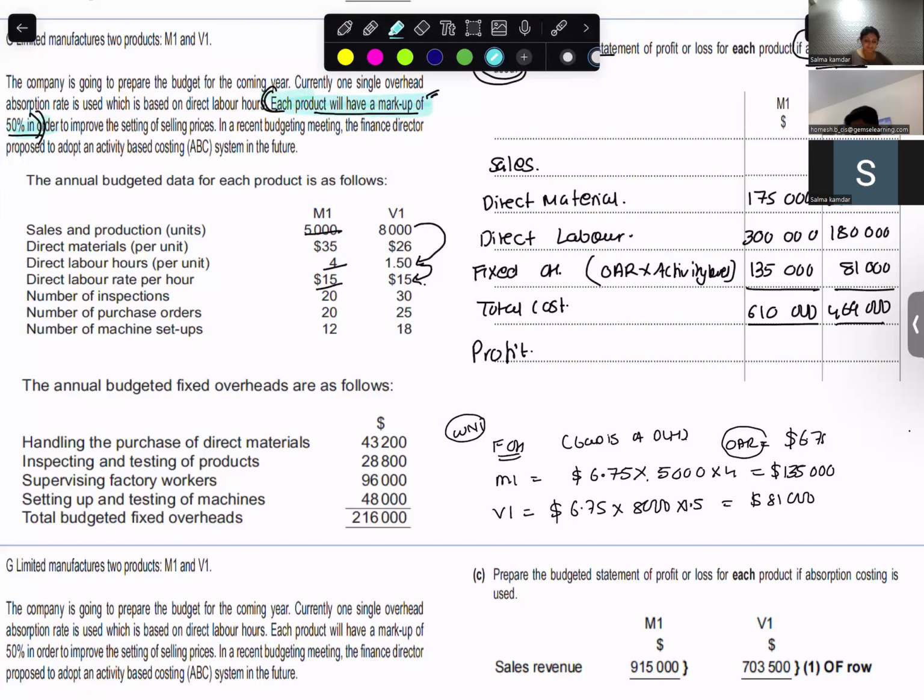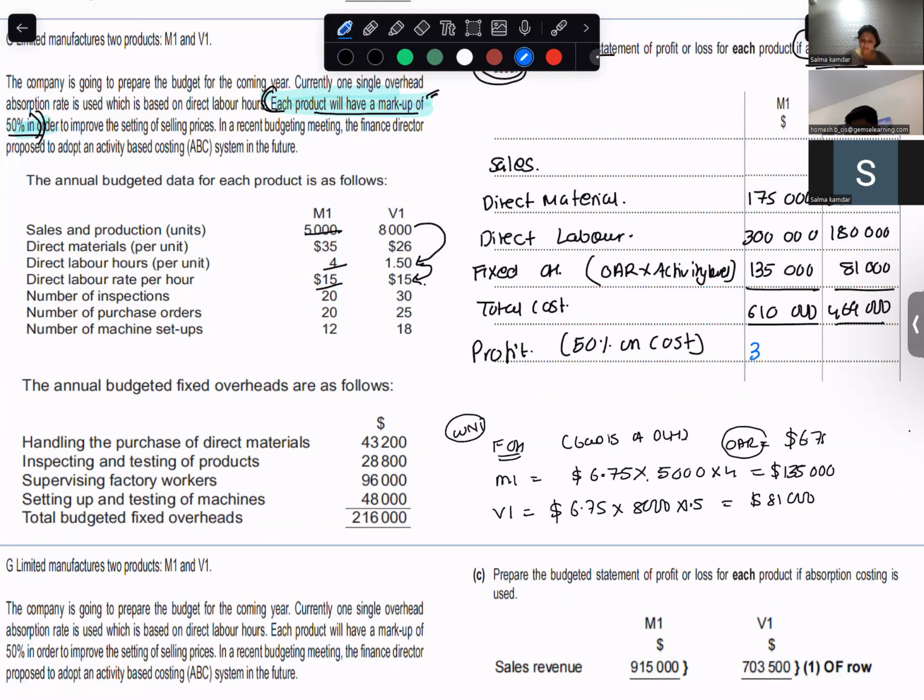Markup is 50%, so on total cost we can find the profit. Markup is 50% on cost, and that gives you the profit.